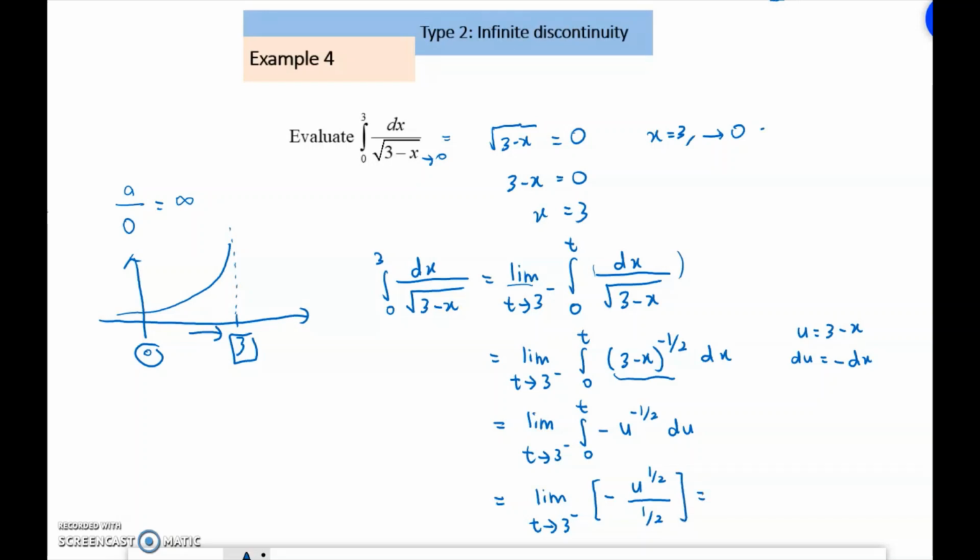Substitute u into this function, where this will be from 0 up to t. Now the limit of negative 2 times 3 minus x to the power of half from t to 0, where t approaches 3 from the left.